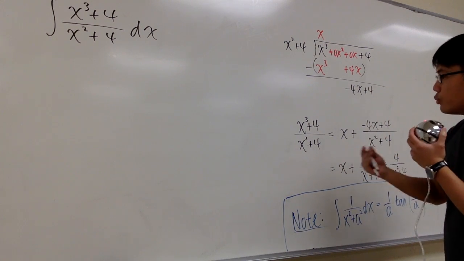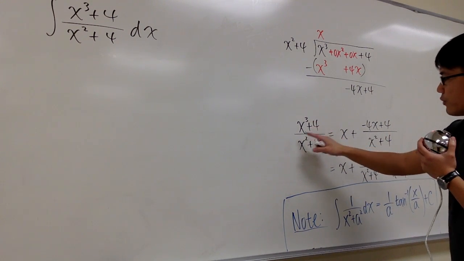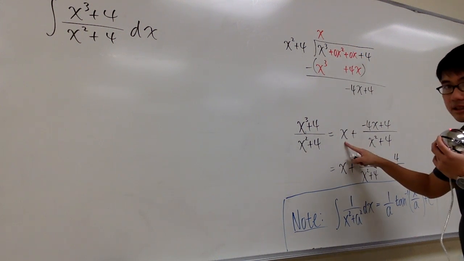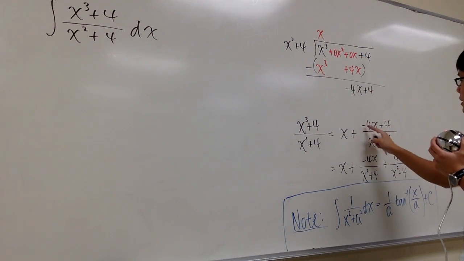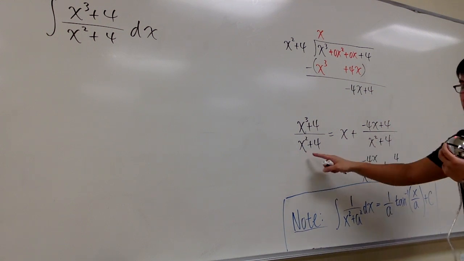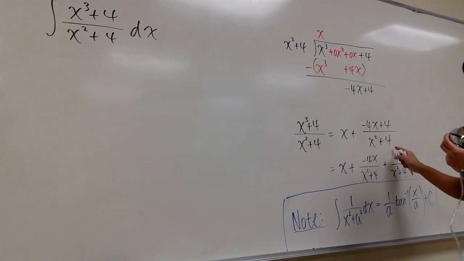We are done. What we are saying is (x to a third power plus 4) over (x squared plus 4) is the same as the quotient, which is x, plus the remainder, negative 4x plus 4, over the original denominator, x squared plus 4.